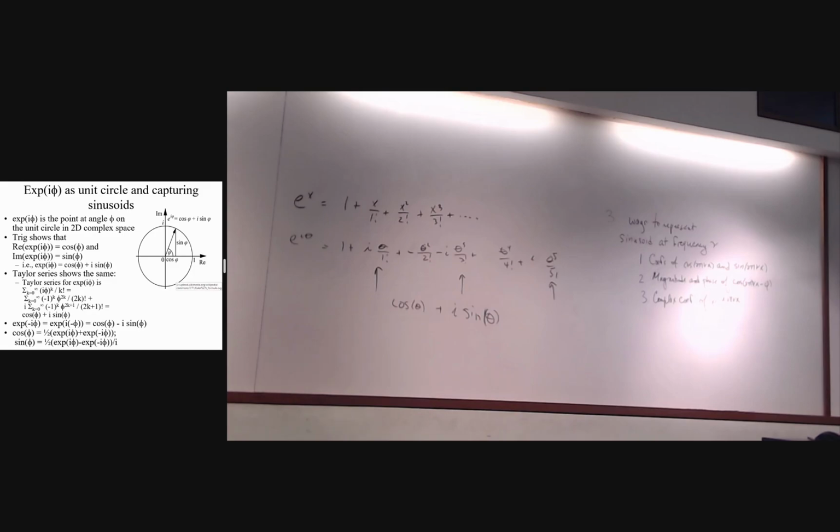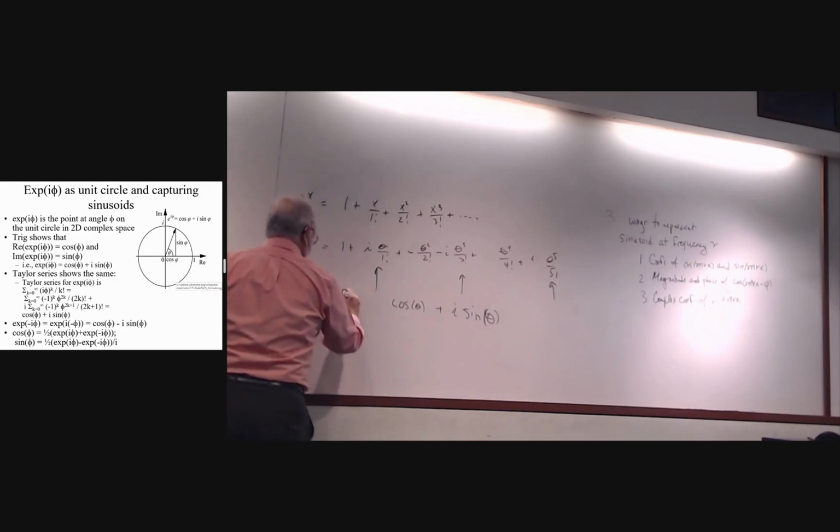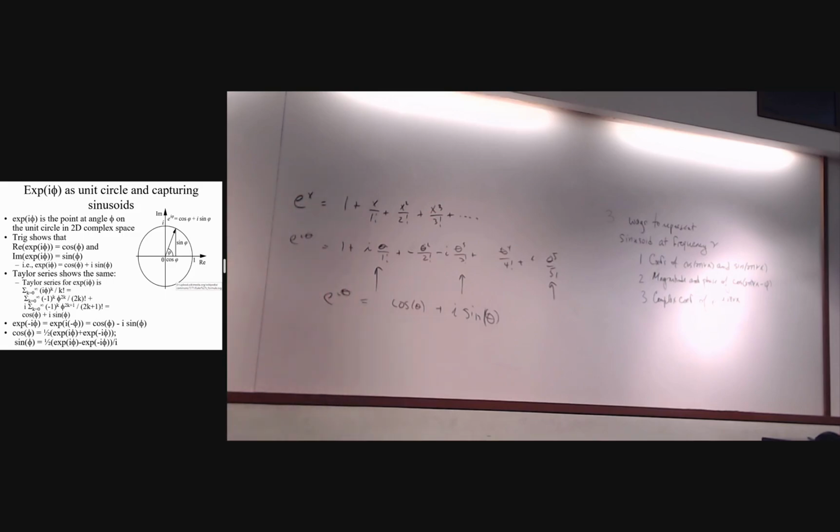Put another way, notice what I got here. Summarizing, e to the i theta encodes a cosine function in its real part and a sine function in its imaginary part. But cosine theta and sine theta are just the properties of the points on the unit circle.